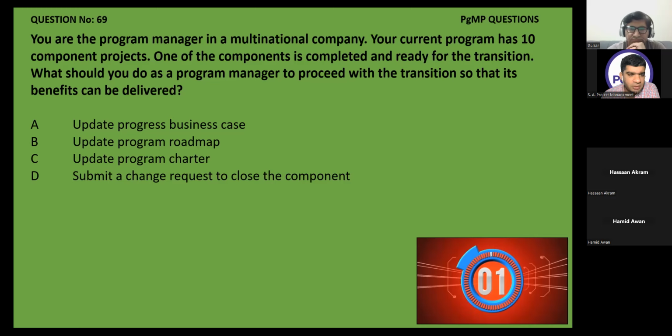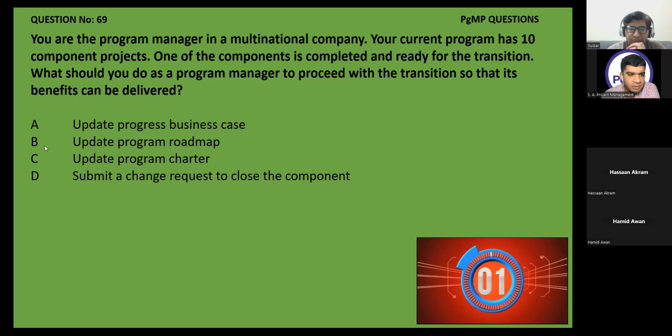But in that case, it's not a change request. We have to present the case or get the approval for closing the component. There is no change request in that case. Okay. We have to submit the case for approval to the program steering committee or to the program governance body. This component is about to close, is complete. Can I close? Then once they give you permission, only then can you close the component.